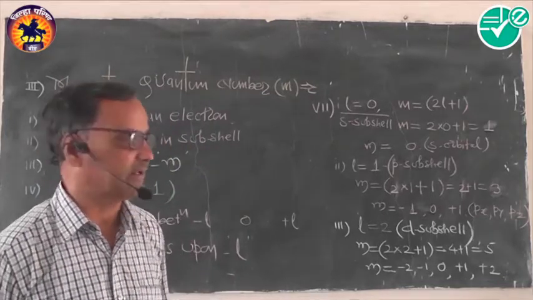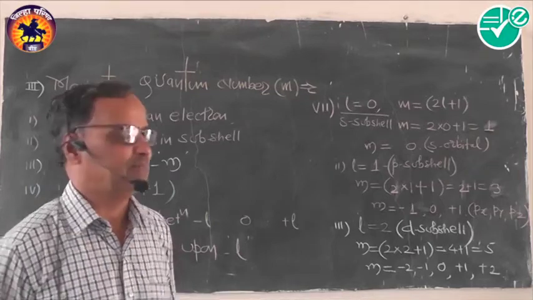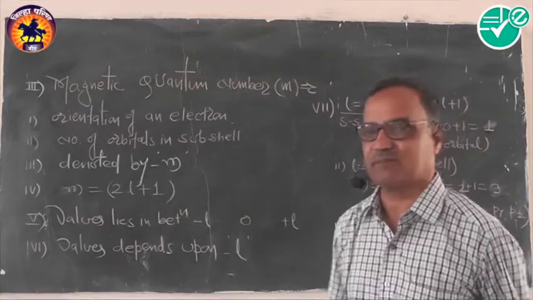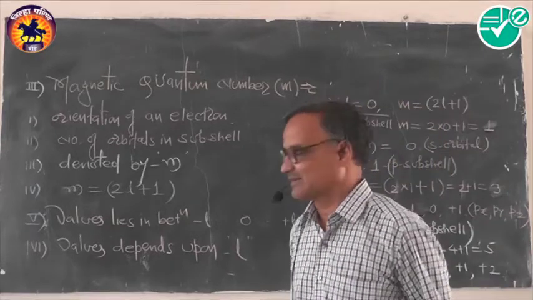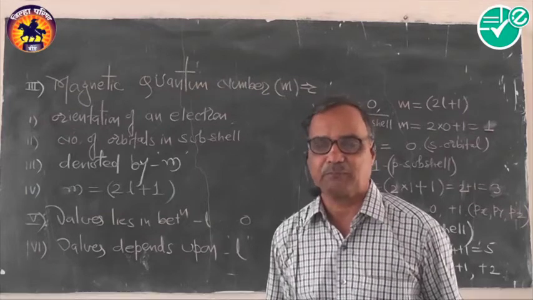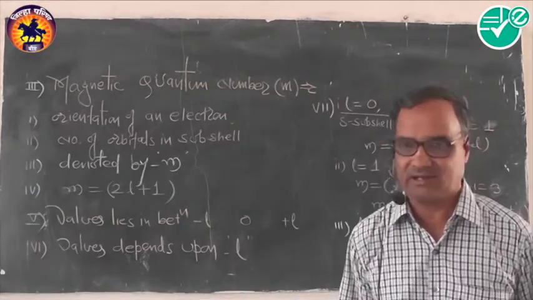The most important characteristic of the azimuthal quantum number is that it gives the shape of the electron cloud, or the shape of the orbital.